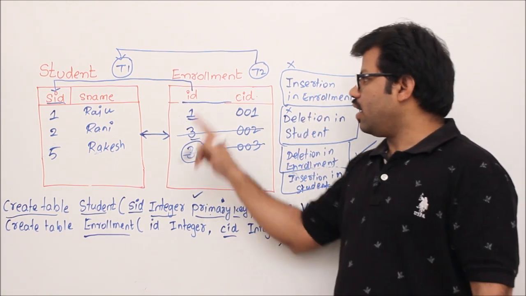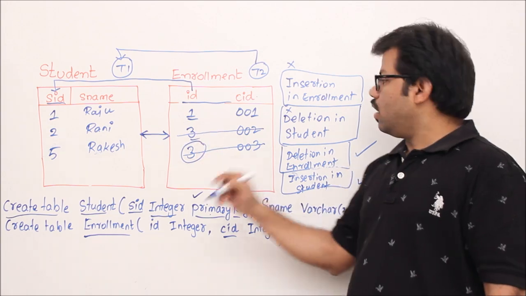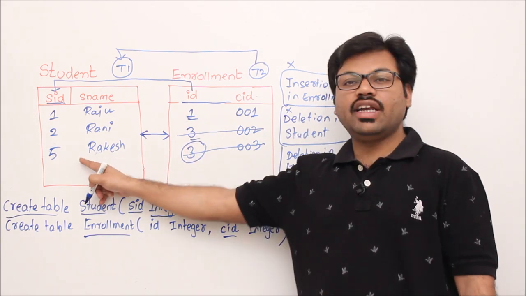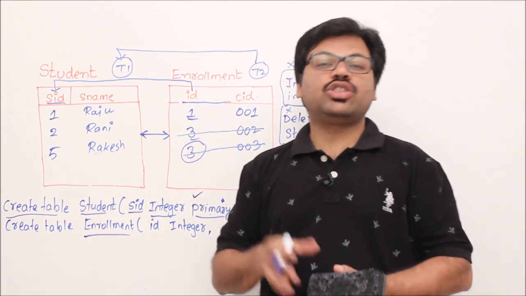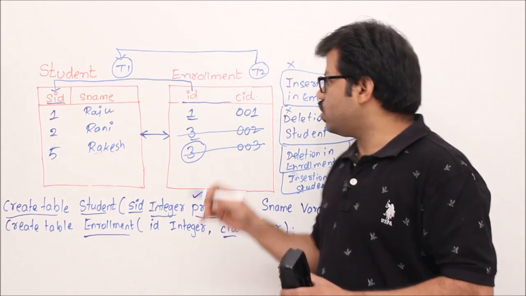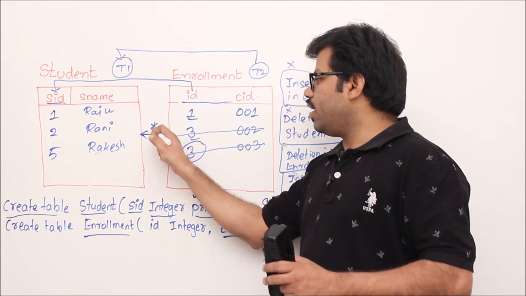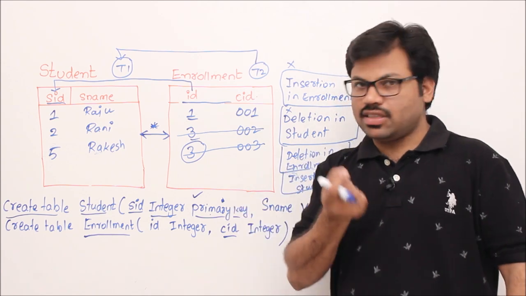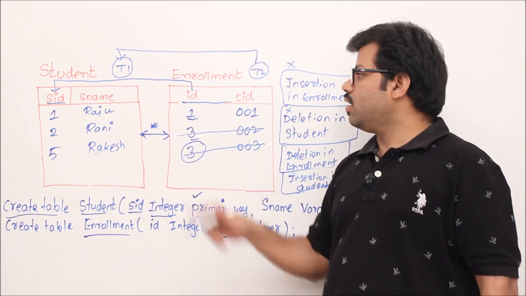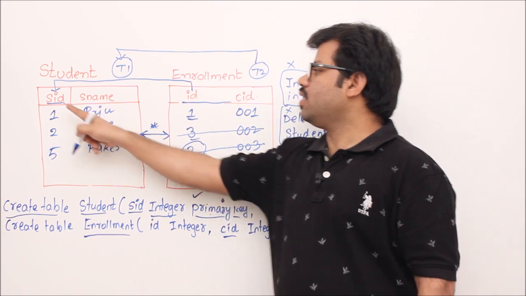How to insert in enrollment carefully. How to delete data from this carefully. What strategies should the DBMS learn, and how should the DBMS remember that these two are linked tables and how they are linked, correct? You tell me as a human being how they are linked. This ID field is referring to this SID.